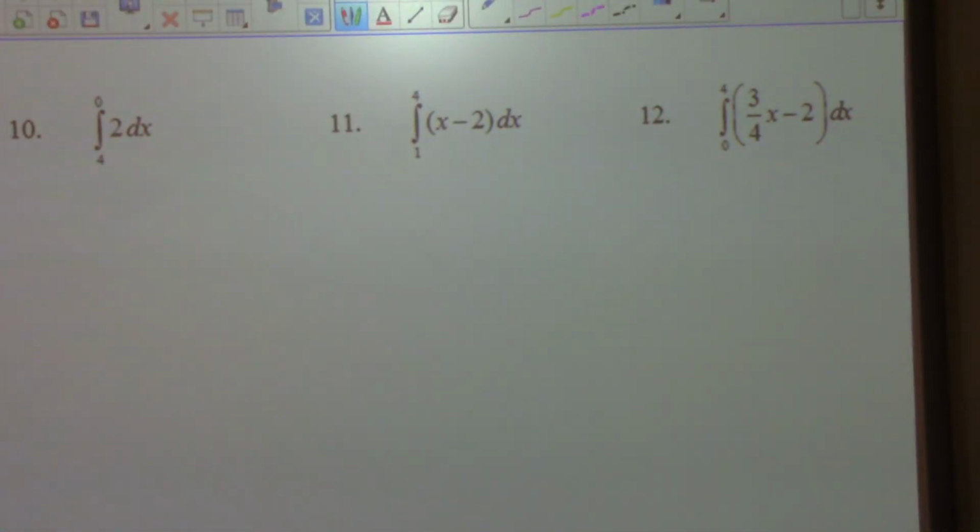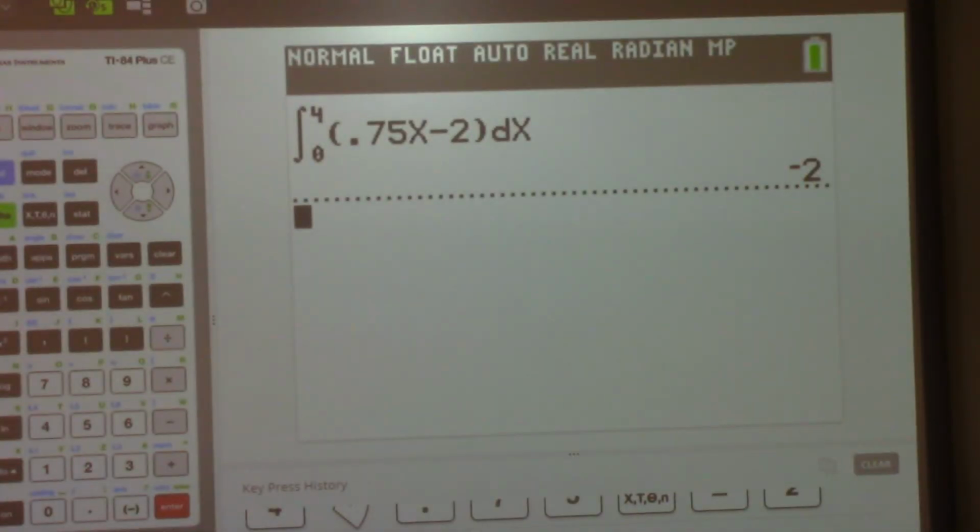But we got negative 1.75, right? We worked it out. Possibly we made a mistake earlier on working it out. But basically, the exercise is you can work these out using the calculator, doing definite integrals.